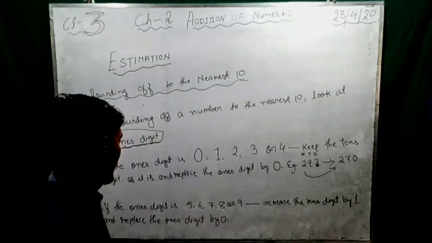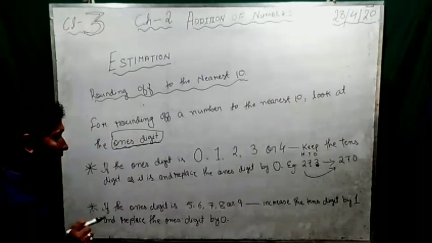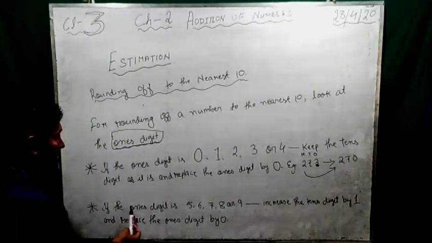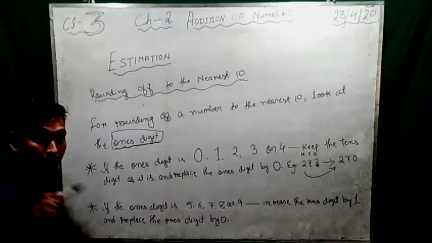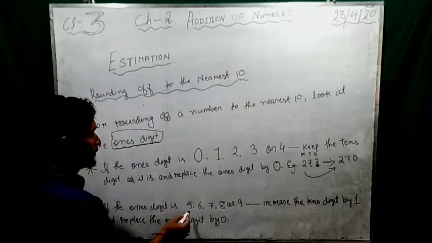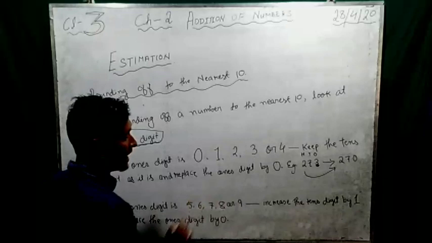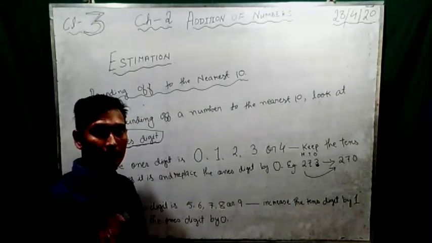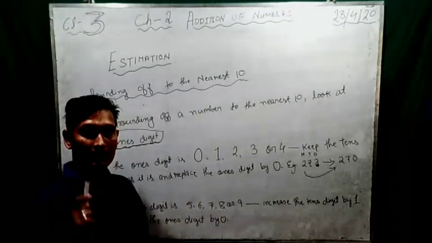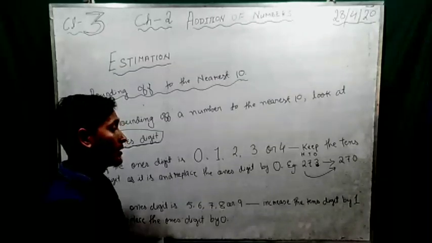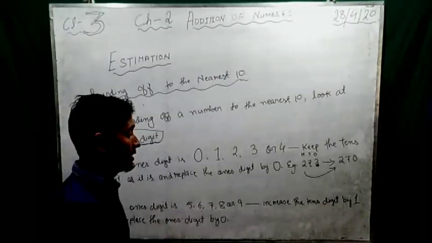Clear? Okay. So the second condition: if the ones digit is 5, 6, 7, 8 or 9, then what do we have to do?